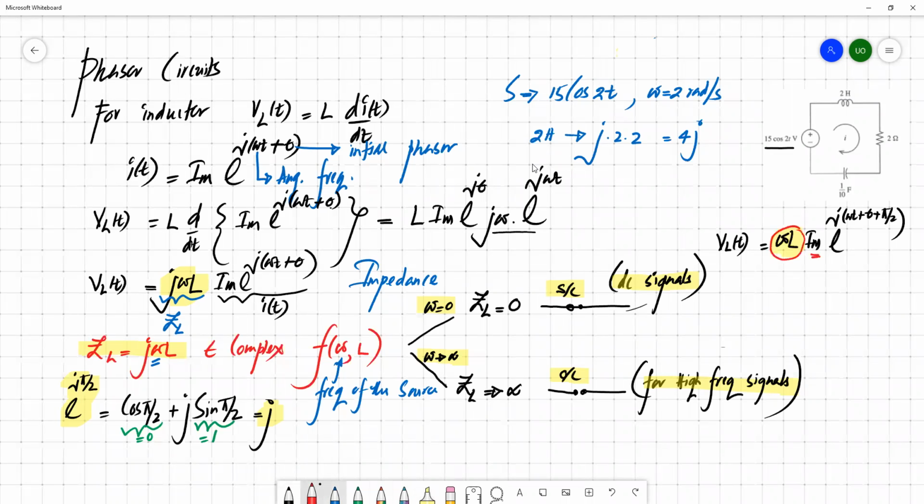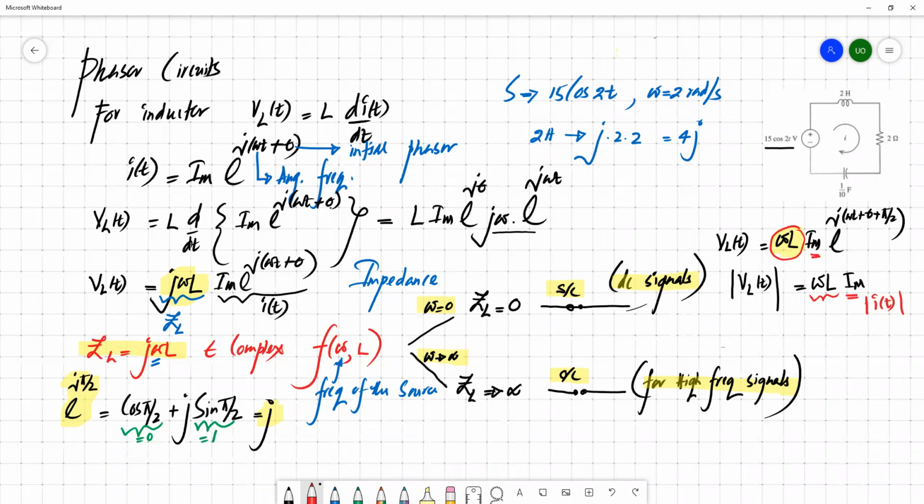So we can simply say that the magnitude of this VL equals omega L Im. It's just multiplying with this factor omega L, and then you can get the magnitude of the voltage.